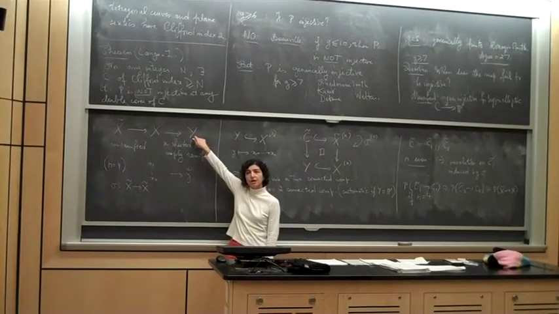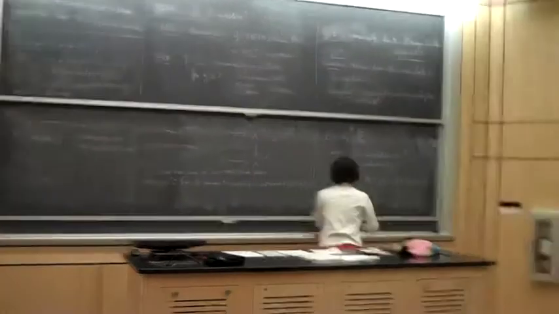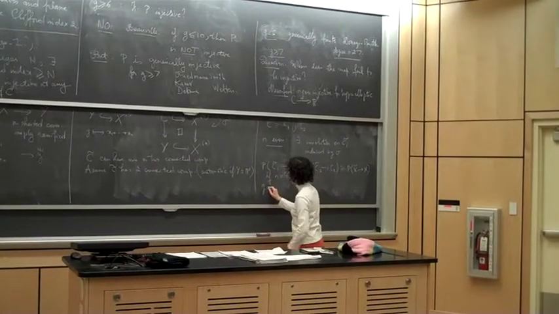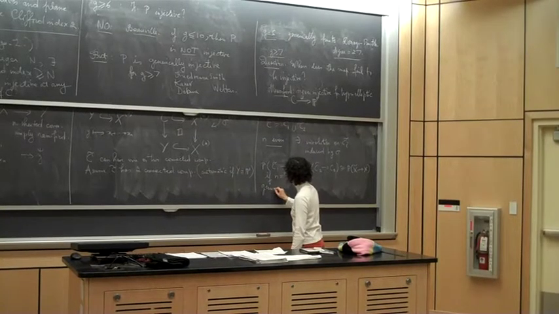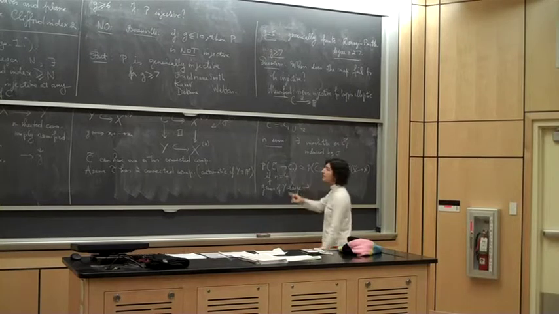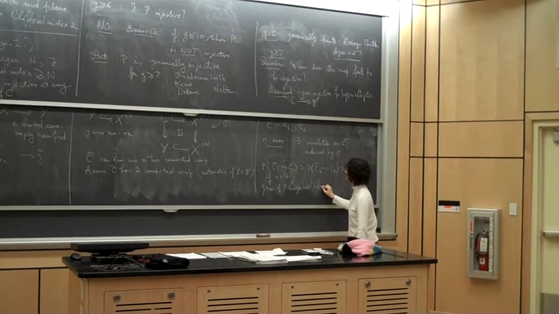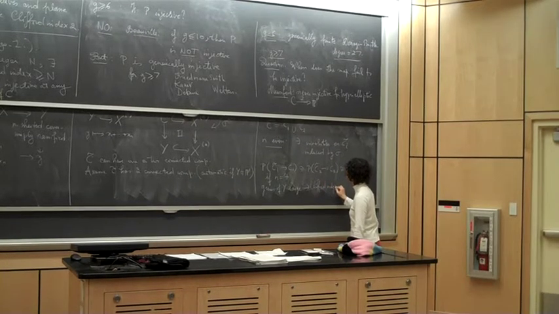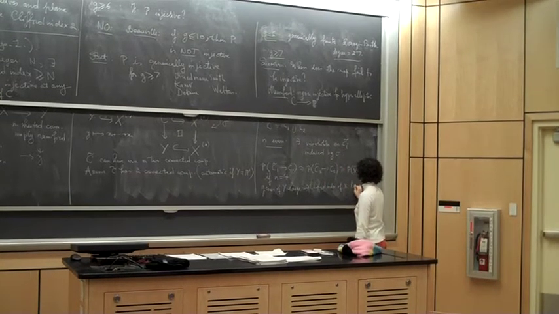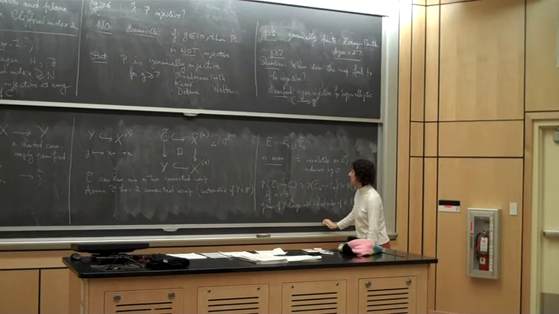Because Y is not P1, you can take the genus of Y large enough, which implies that the Clifford index of X is large. So you have to do some computations.